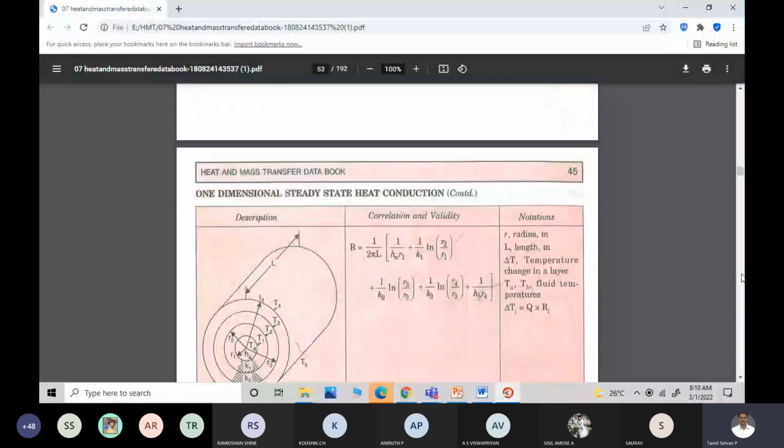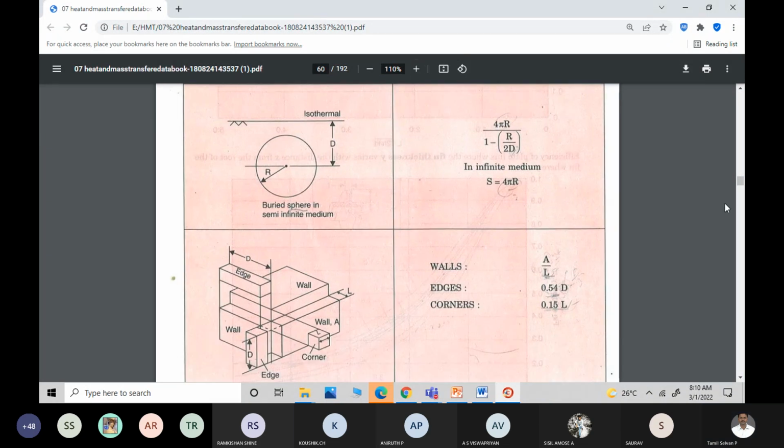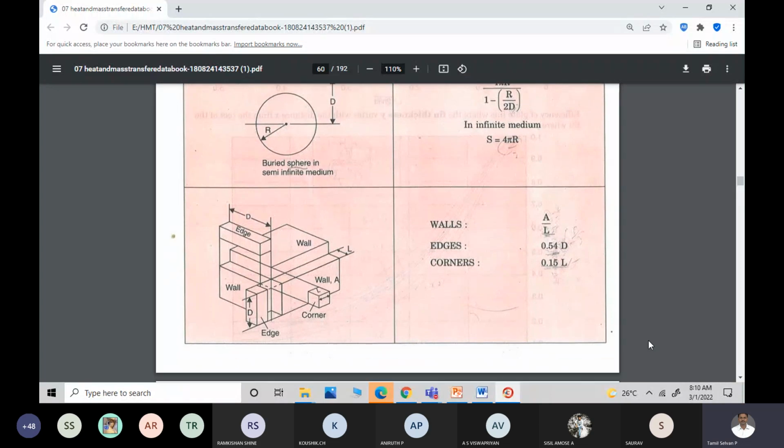Conduction shape factor, what is the page number here? All of you are able to see this? Here L is the thickness, D is the height, and for an edge D is the width.